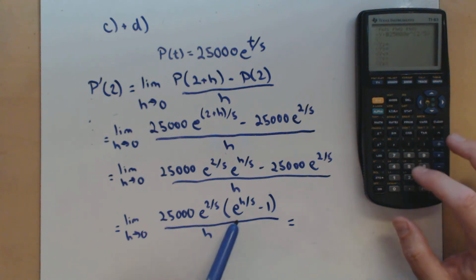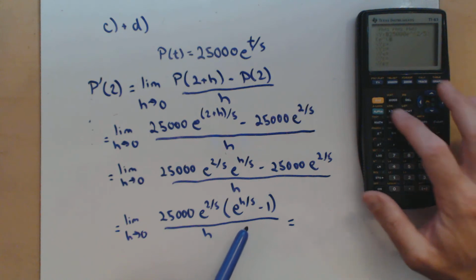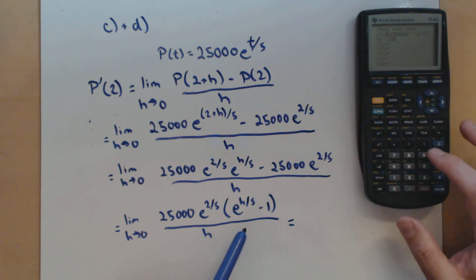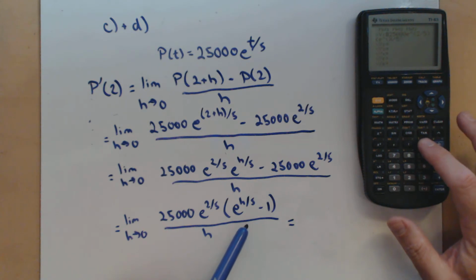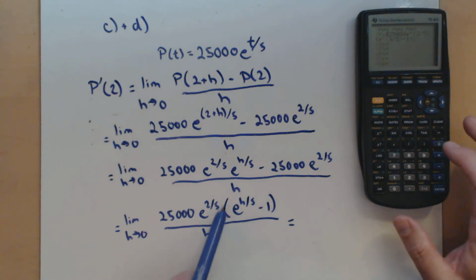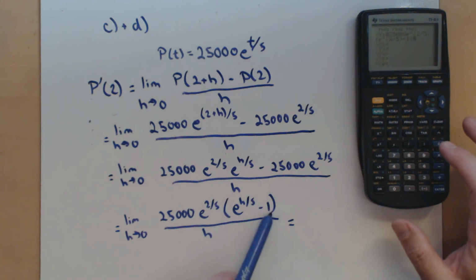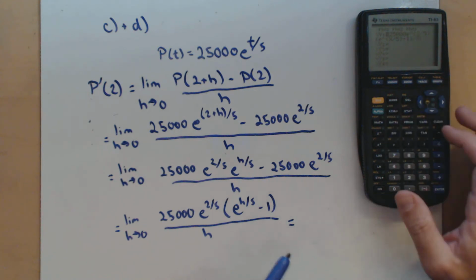Now I'm multiplying by this part here, second e, I have to use x instead of h, divided by 5. So that's my exponent, minus 1. That closed off my numerator, that parenthesis right there. Divided by h, which I'm calling x.